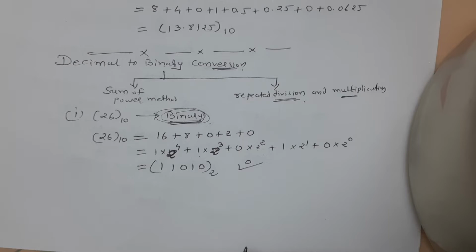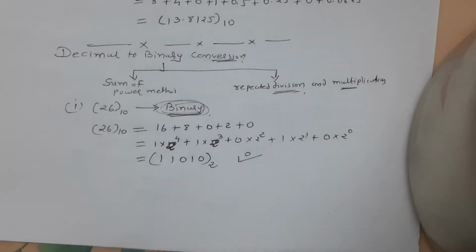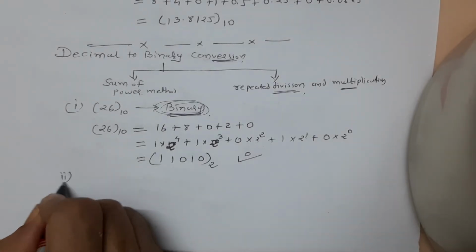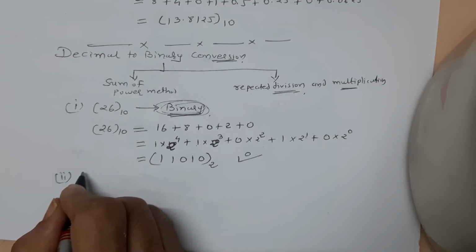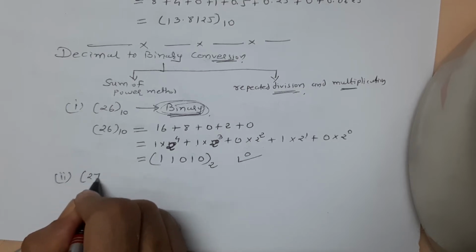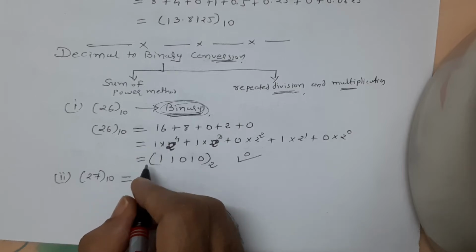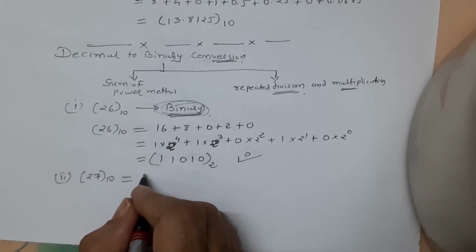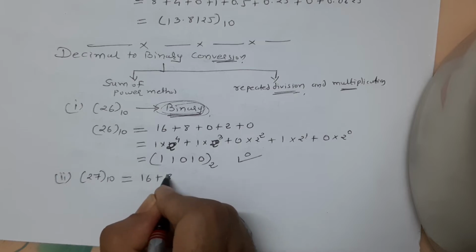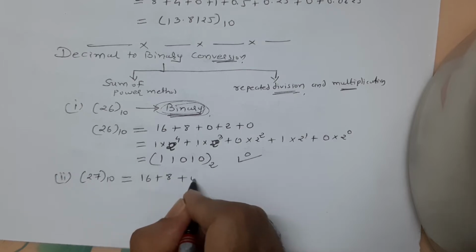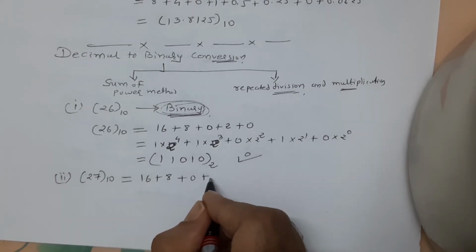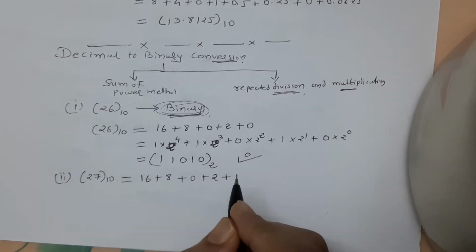Again, we will take a second example. If we are converting 27 decimal into binary, now we know that 16 plus 8 plus 0 plus 2 plus 1.